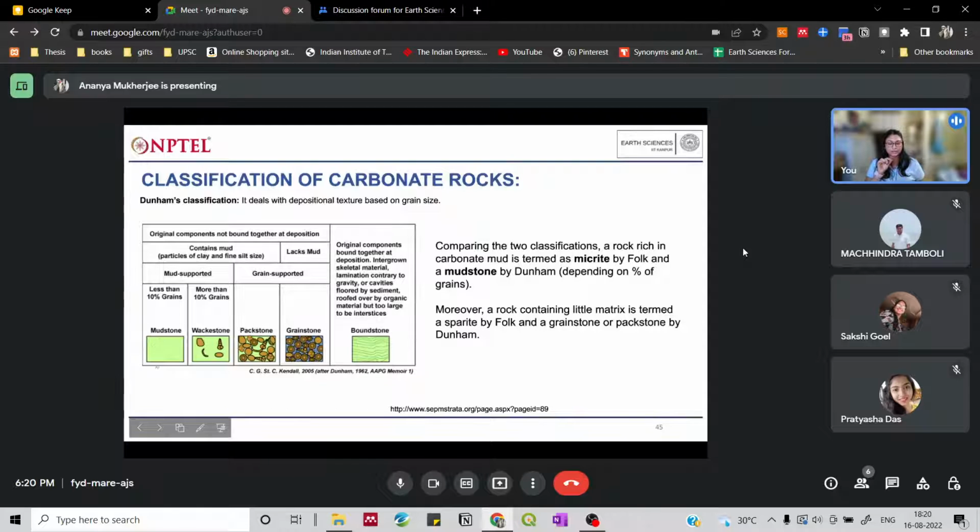If there is a very small amount of grains, it will be called mudstone. If there are more grains and a very small percentage of mud, or micrite sediments, then it is called grainstone. So this is another classification.